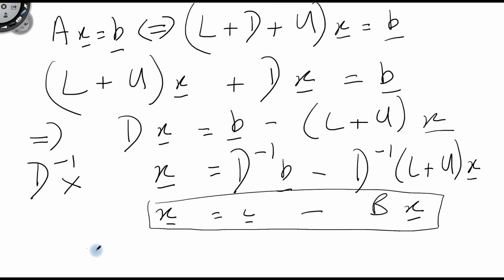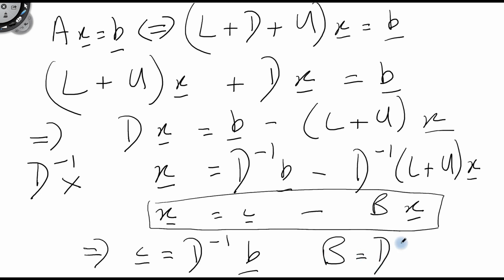So that implies our C vector is inverse of D times b, and our B matrix is simply inverse of D times L plus U. So whereas before we were just manipulating different simultaneous equations to get the answer, we now have a recipe for getting our B matrix and also our C vector as well. If we do this decomposition, we can then split off as we require.